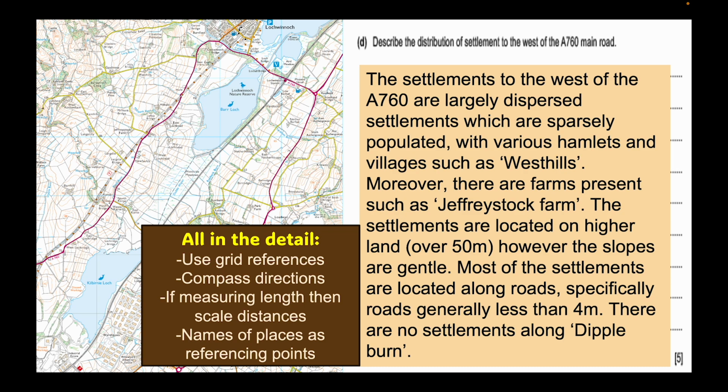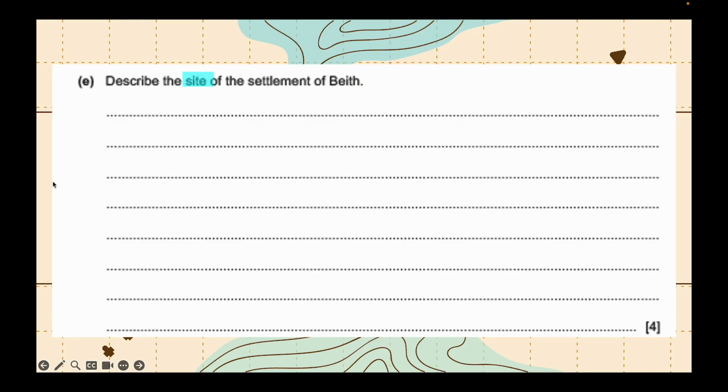Most of the settlements are located along roads. You can see here, for example. Specifically roads that are generally less than 4 meters. There are no settlements along Dipple Burn. See here, no settlements.